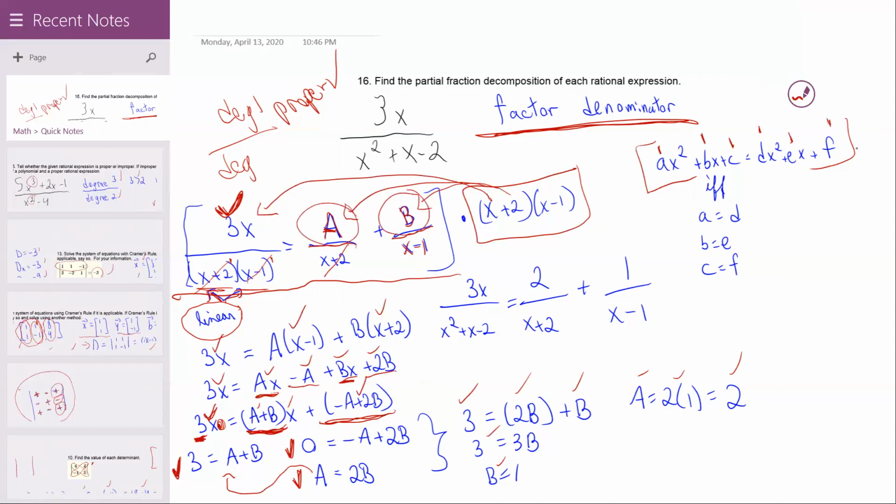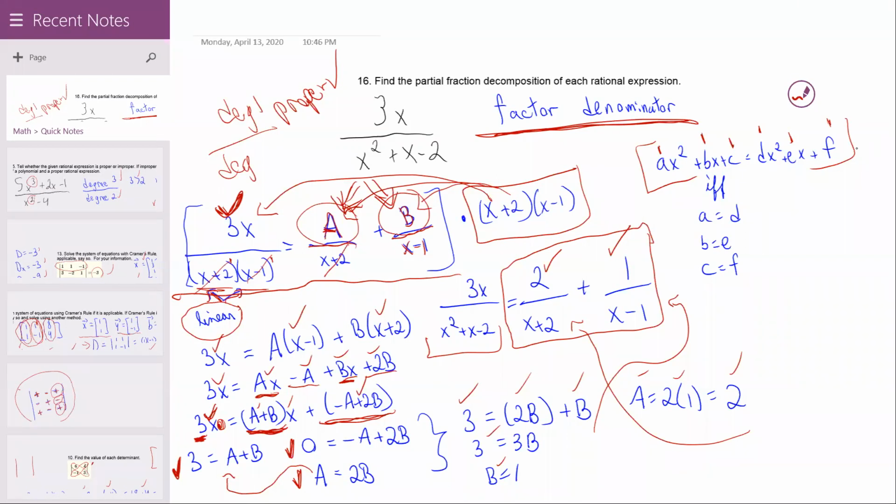So now we're saying that this original rational expression is exactly equal to 2 over x plus 2 plus 1 over x minus 1, because our a went on top of this one and our b went on top of this one. So you have to plug it back into the original up here for your answer to be correct.